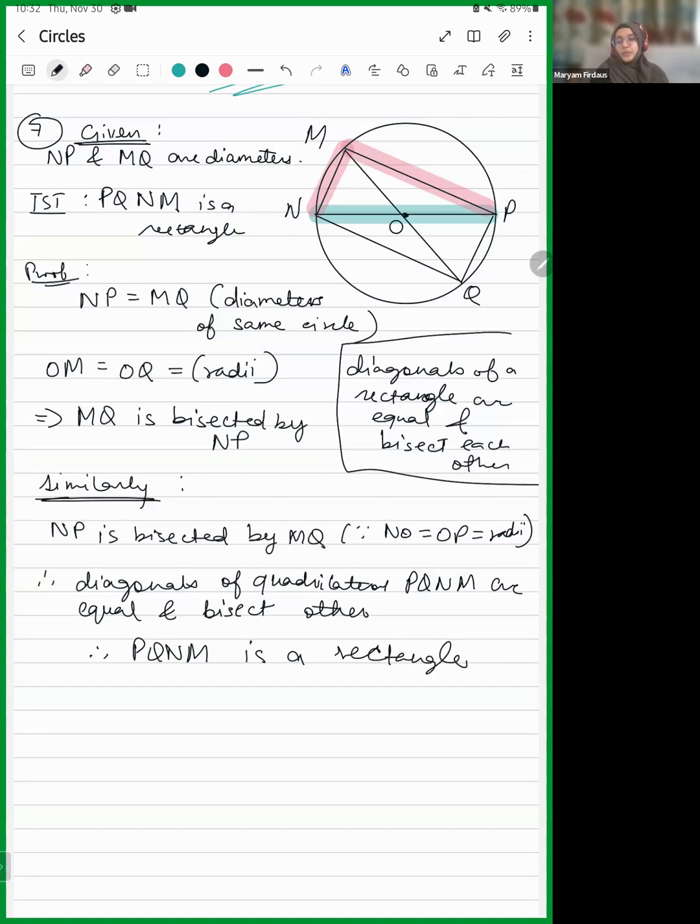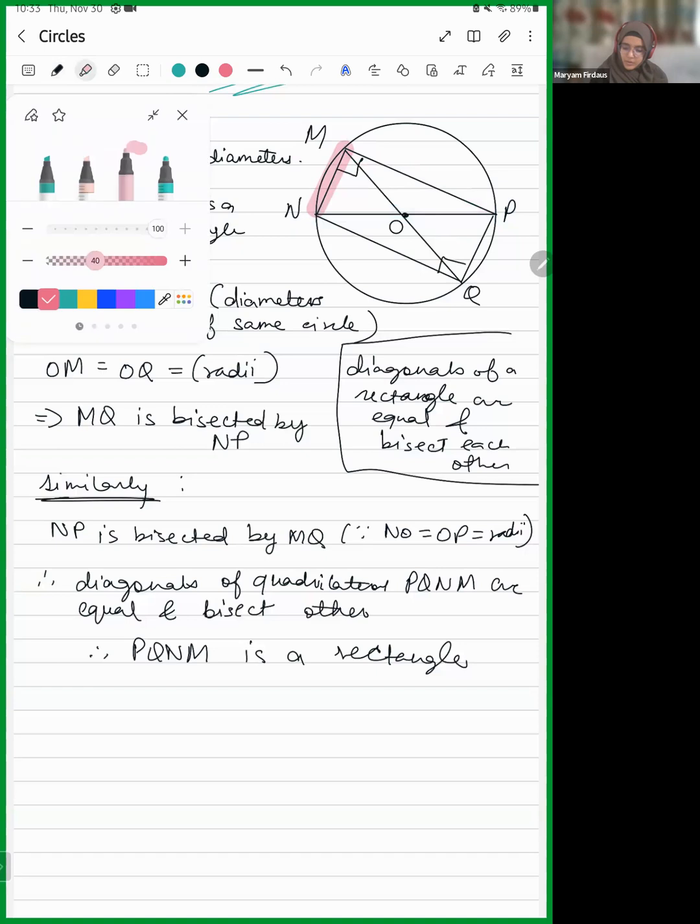Another way we could have proven it would be that the thing we were doing, that this is 90 degrees, this is 90 degrees. And if we look at these two triangles, this one and this one, then you can show that they are congruent to each other. How? Let me show you.